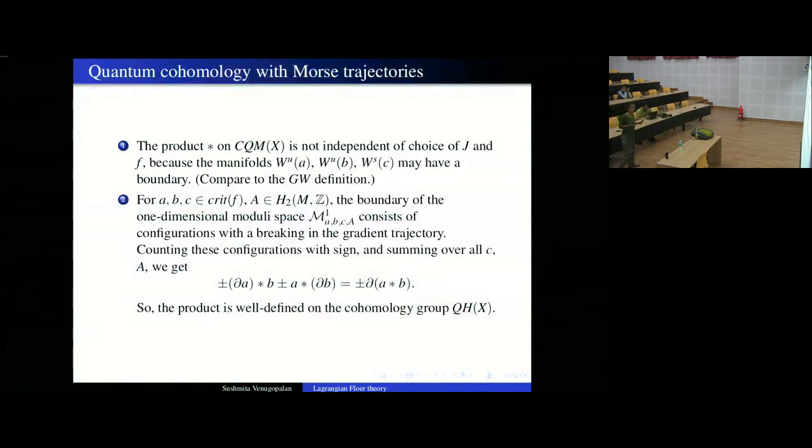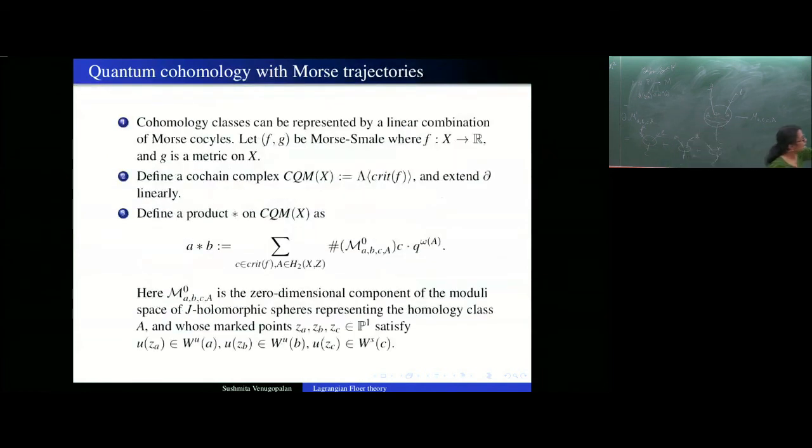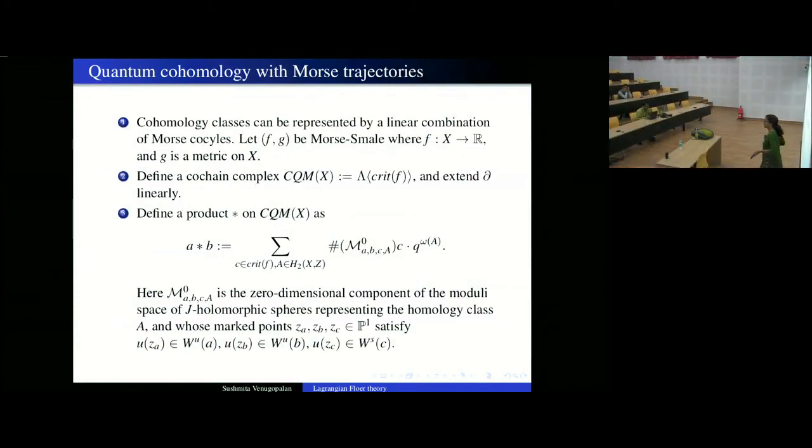So I consider this moduli space. This is the moduli space of spheres with 3 marked points mapping to those stable, unstable manifolds. And you consider the one-dimensional component of this moduli space, and you look at its boundary.